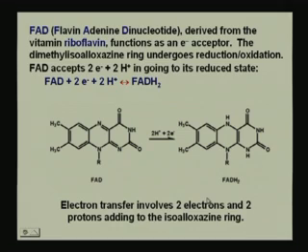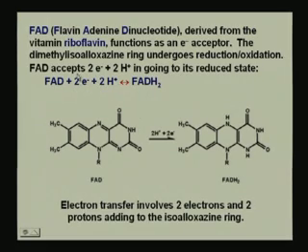Okay. So, we have our R group here, our FAD, and what is going to happen? We have the 2 protons taken up by the 2 nitrogens on FAD, and it is going to give you FADH2. So, we have FAD plus 2 electrons plus 2 protons going to FADH2.